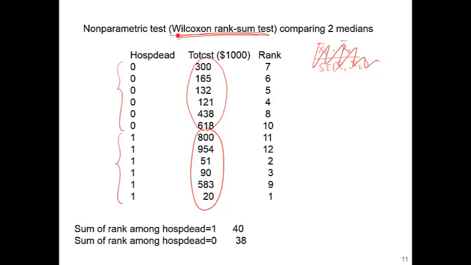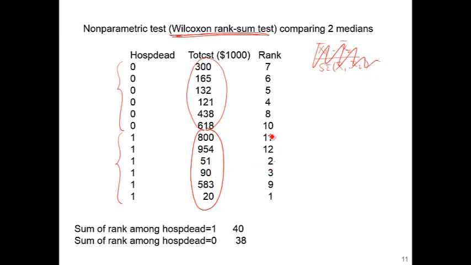Many non-parametric tests use ranking of data. So what you do is rank these 12 data points from lowest to highest. 20 is the lowest, so you rank it as 1. 51 is second lowest, you rank it as 2. 90, the third lowest, you rank as 3.